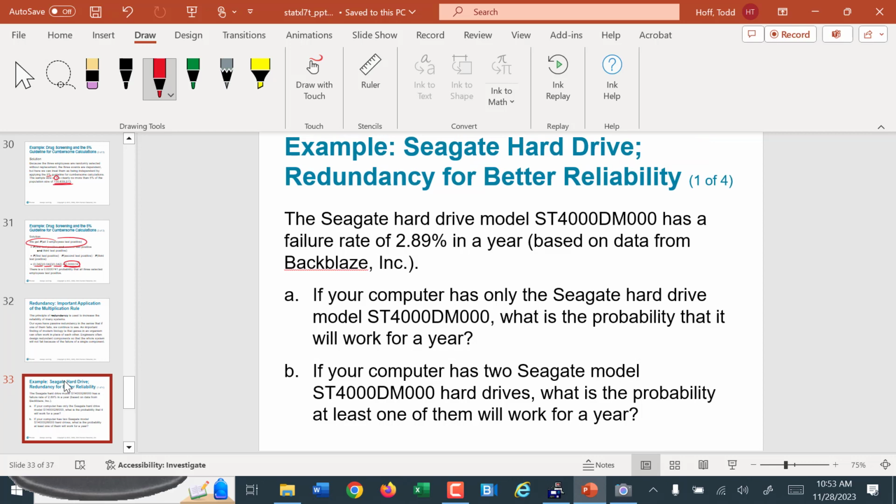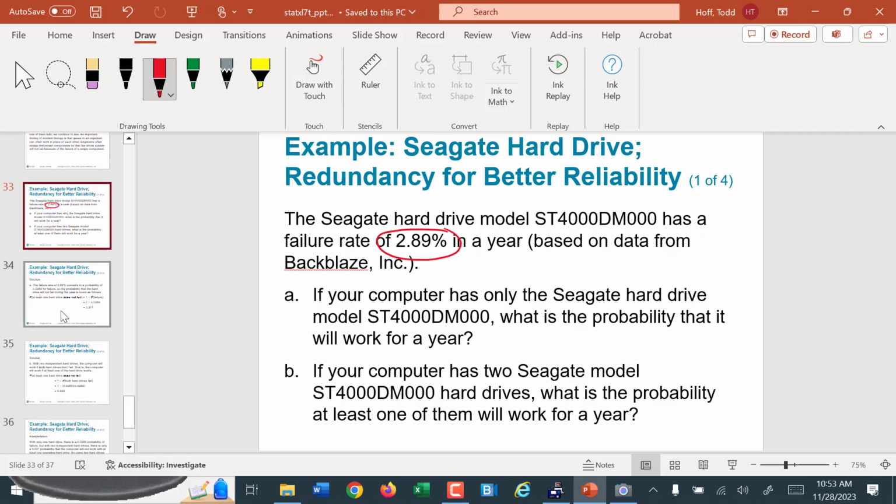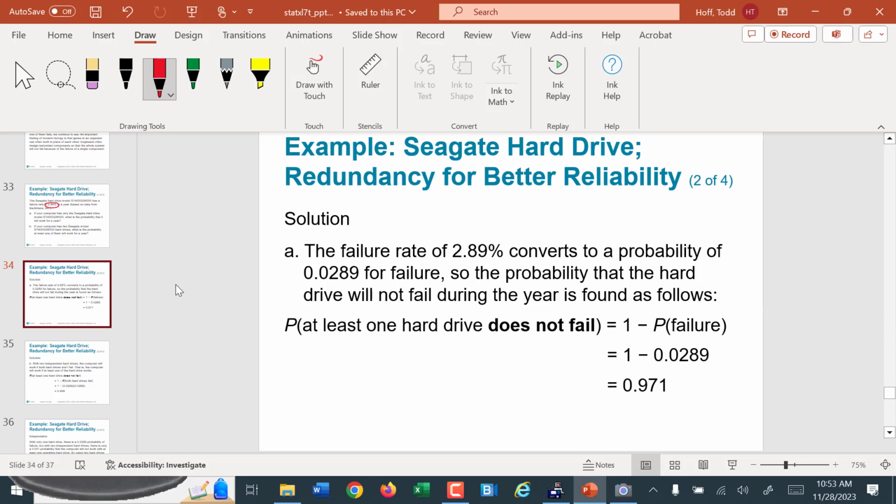So here's an example of a Seagate hard drive. I'm not going to say the model number, but the probability that it'll fail over 1 year of use is 2.89%. So that's a 0.0289 probability if we're converting that into a probability.